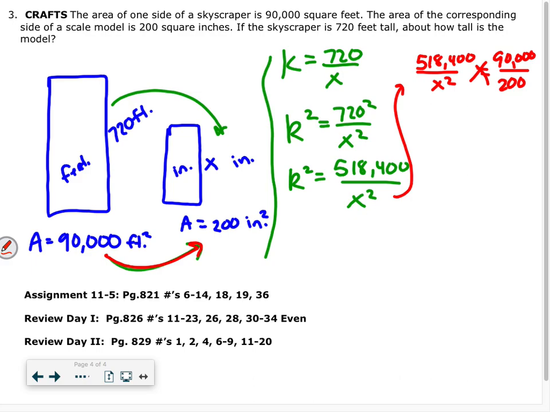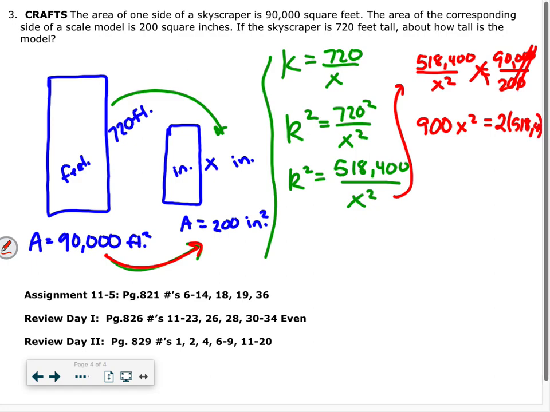Now we're going to get some pretty big numbers here. Let's see, we can reduce this by a couple of zeros there. That's pretty good. Now it makes the numbers a little bit smaller. 900x squared equals 2 times that 518,400.